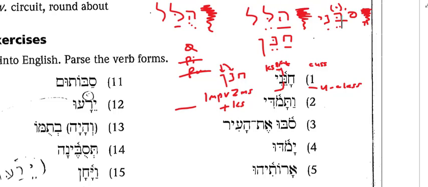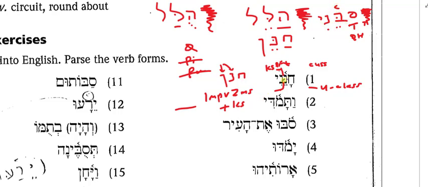When I add my pronominal suffix, the accent's going to step back, from sov to the bet: soveni. And then that holem is going to be in a closed and unaccented syllable, so I'm going to have to get rid of the holem and put a short U-class vowel, the kametz ketuf. So it would be sobeni.